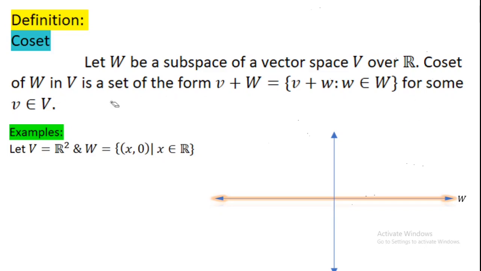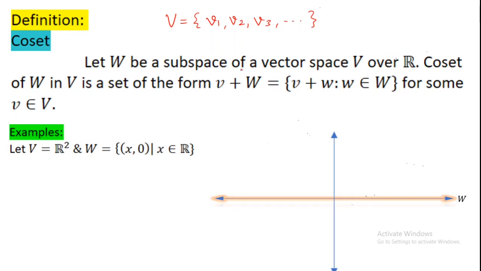So a coset of W in V is a set of the form v plus W for some v belonging to V. What is the meaning of this? It means corresponding to an element of the vector space V, we will be able to find a coset v plus W. Suppose your vector space V has elements v1, v2, v3 and so on.